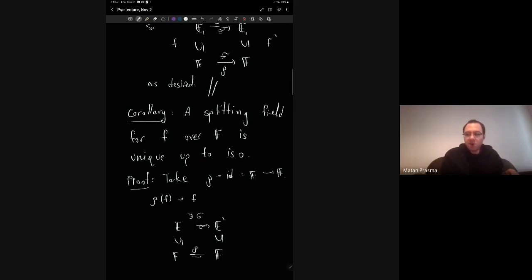So a splitting field exists and is unique up to isomorphism, which is basically the best one could hope for. Of course, uniqueness on the nose is too strong a property to expect.